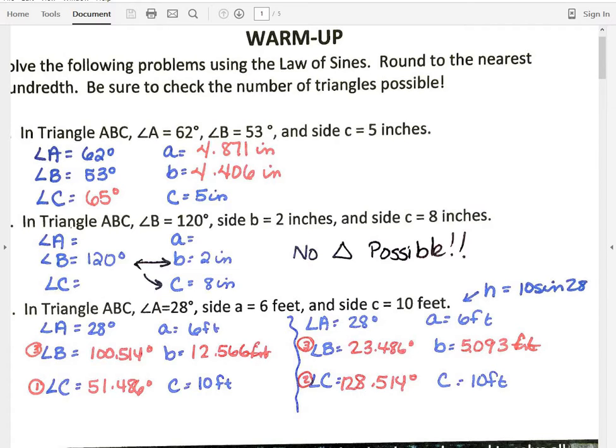Yes, sir? You got one more time? Yes? No, it's not. 4.7 is less than 6.